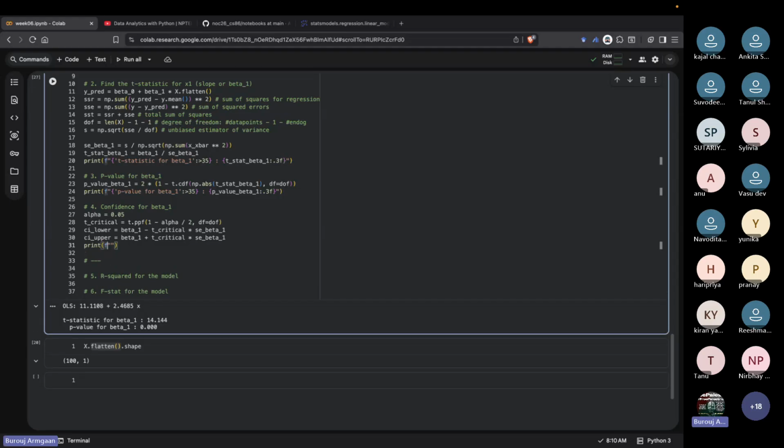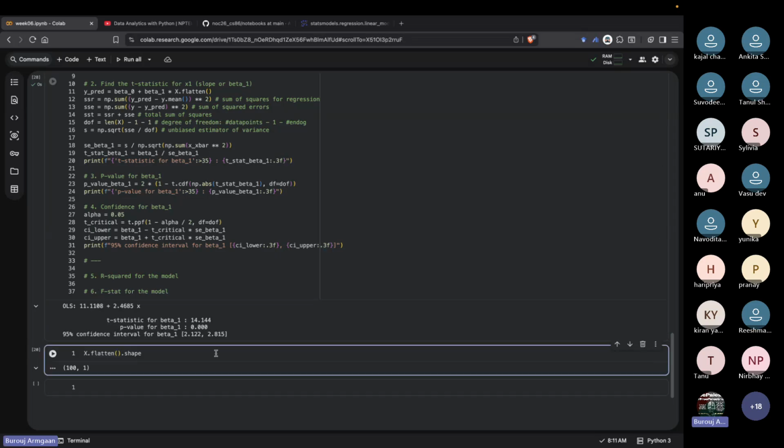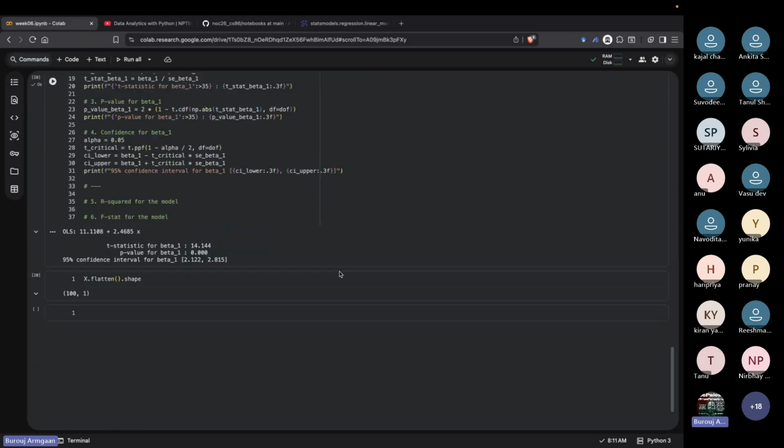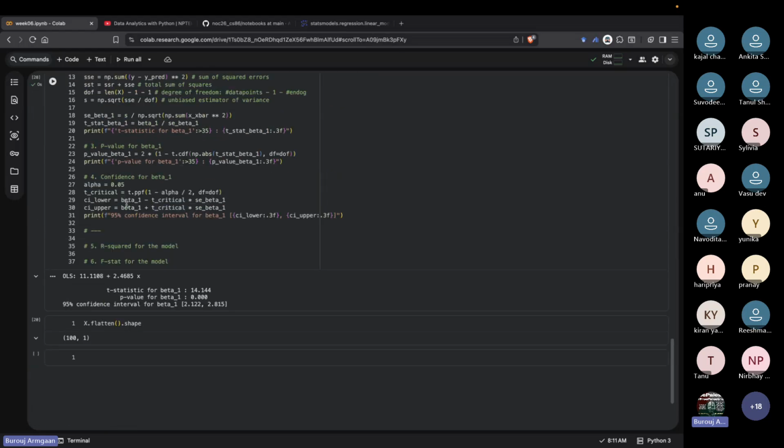You can say the 95% confidence interval for beta 1 was equal to CI lower, comma, CI upper, 0.3f, 0.3f, 2.122, 2.815, 2.122, 2.815. We match.